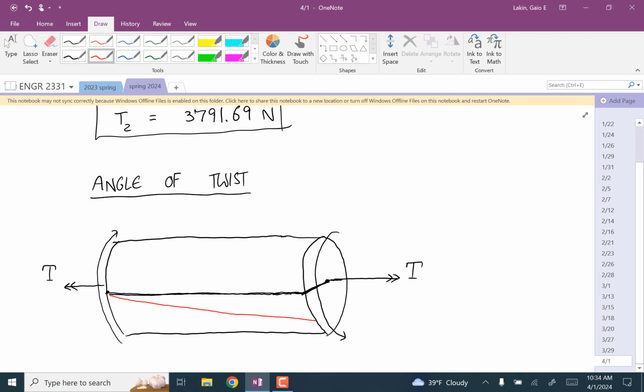I'm going to erase these. And this angle here, I'm going to call that phi. That's the angle of twist.